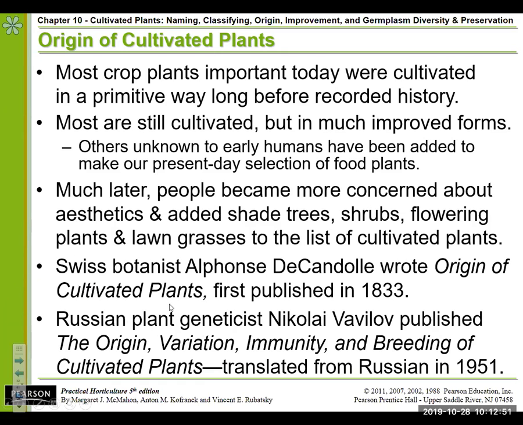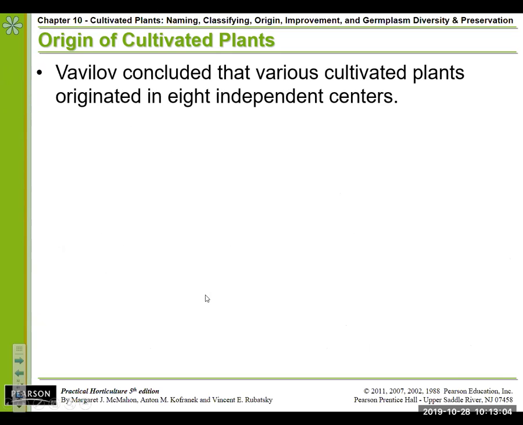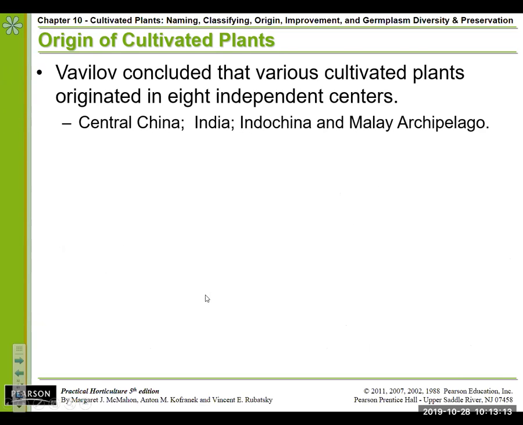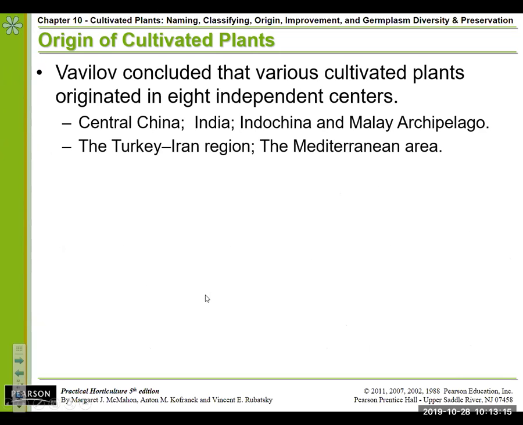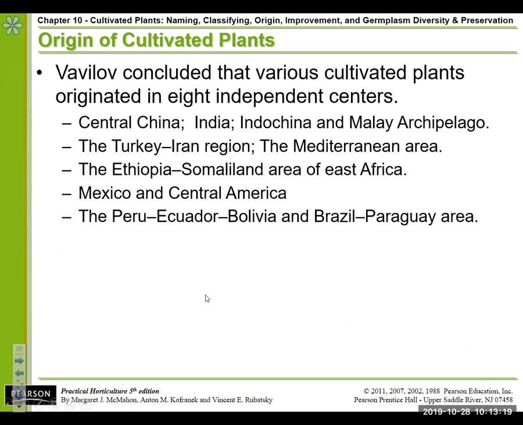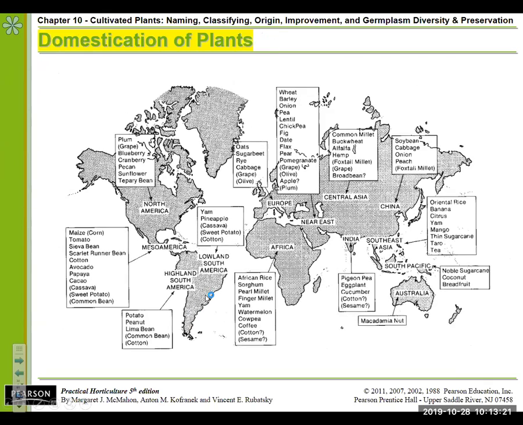And then we have our Nikolai Vavilov, who we talked about on several occasions, who actually studied the origins, the centers of the diversity and the origins of plants in Russia. But that wasn't until the 50s that he developed his theory on the origination of plants in the 8 independent centers. And we've already kind of looked at these, so I'm not going to dwell on that.